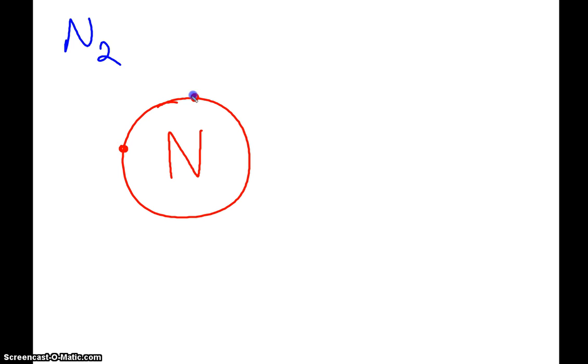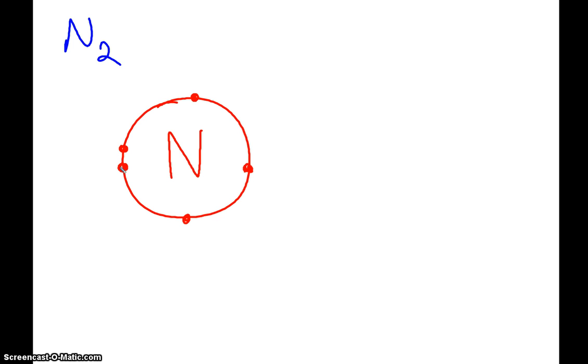And now let's look at the same thing. Another diatomic molecule is nitrogen. And let's look at, again, just the valence electrons. So nitrogen has 5 valence electrons. I'm not going to show the inner layer of 2. 1, 2, 3, 4, 5. So how many additional electrons would nitrogen want to gain?